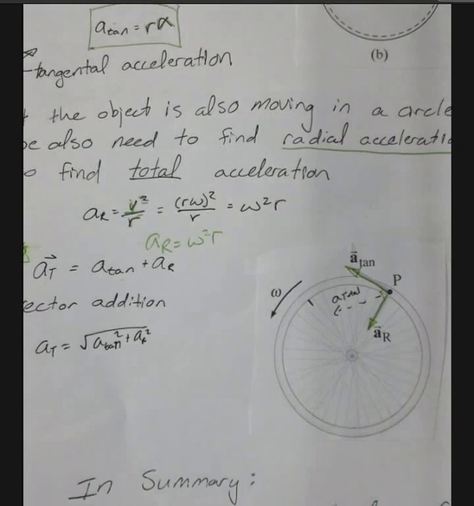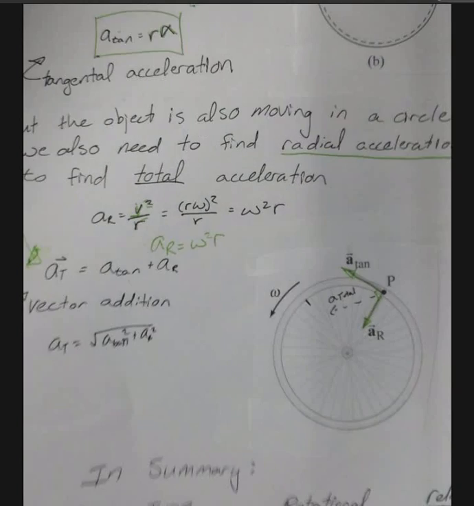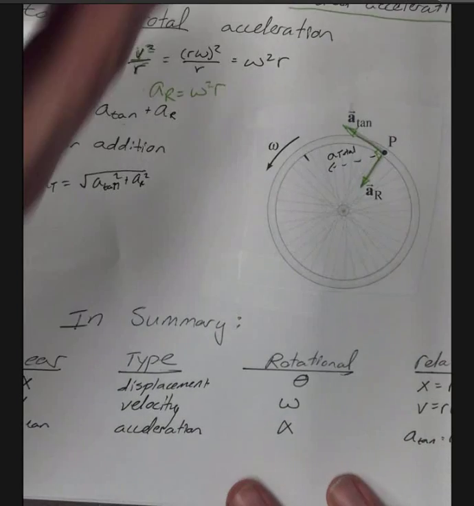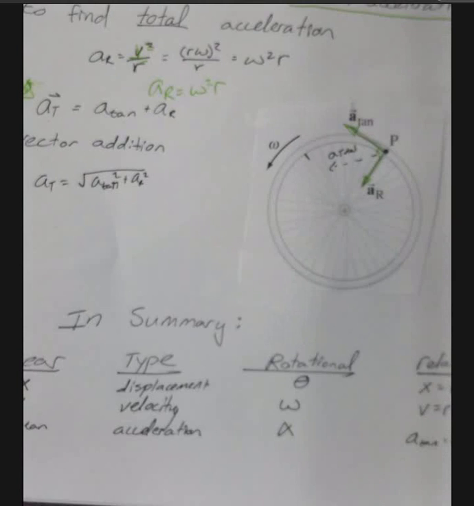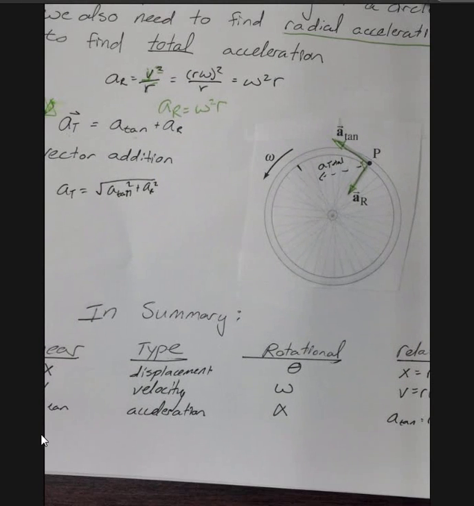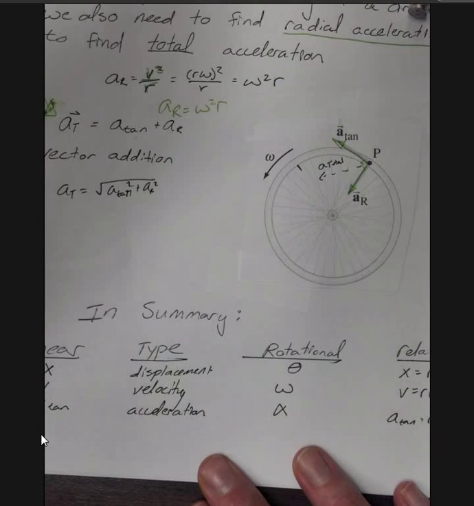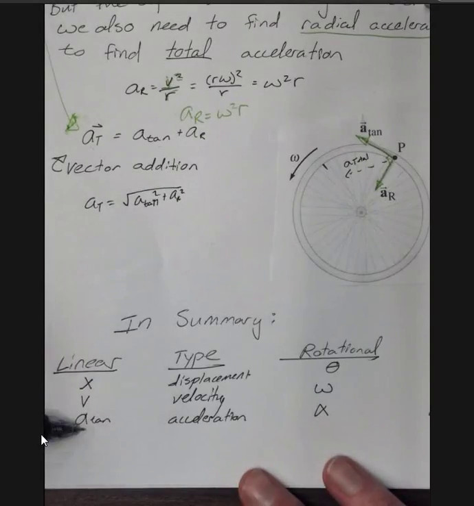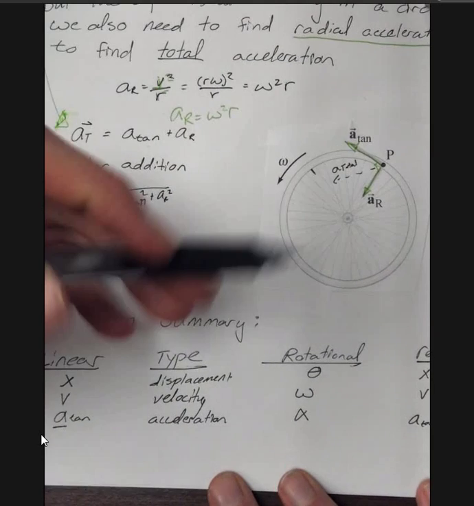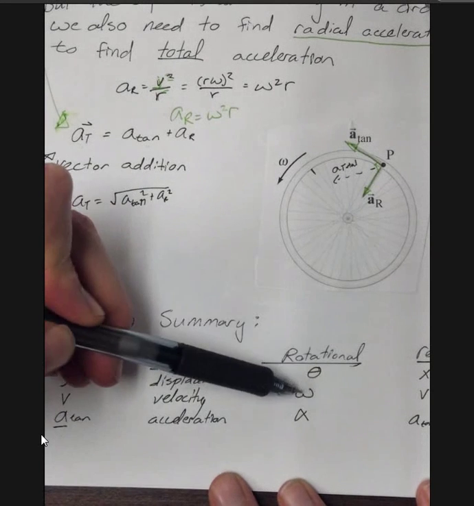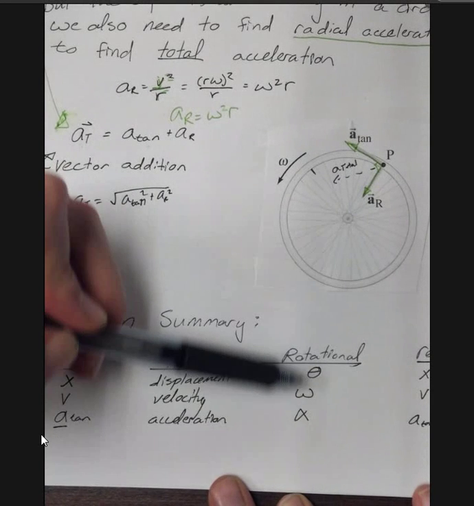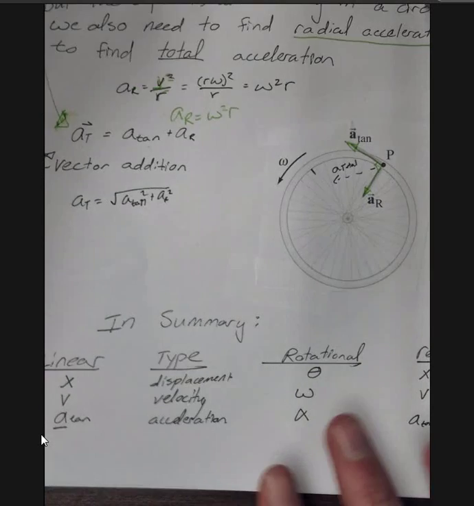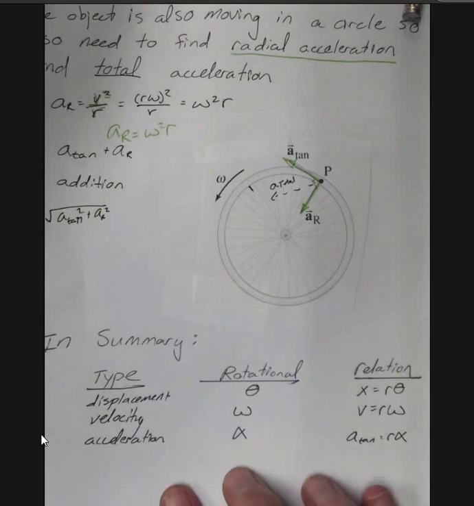Okay, so let's summarize our values, which means I have to zoom out. In linear terms, we have displacement, velocity, and acceleration, and we say tangential acceleration is in the same direction as velocity. For rotation, you've got displacement theta, rotation omega, and acceleration alpha. They each have a relationship, and you can convert between those values.